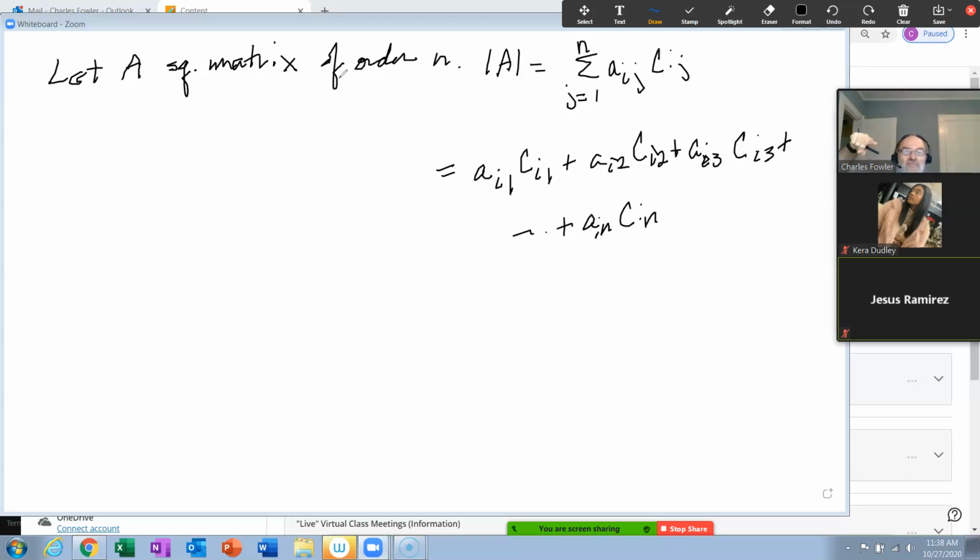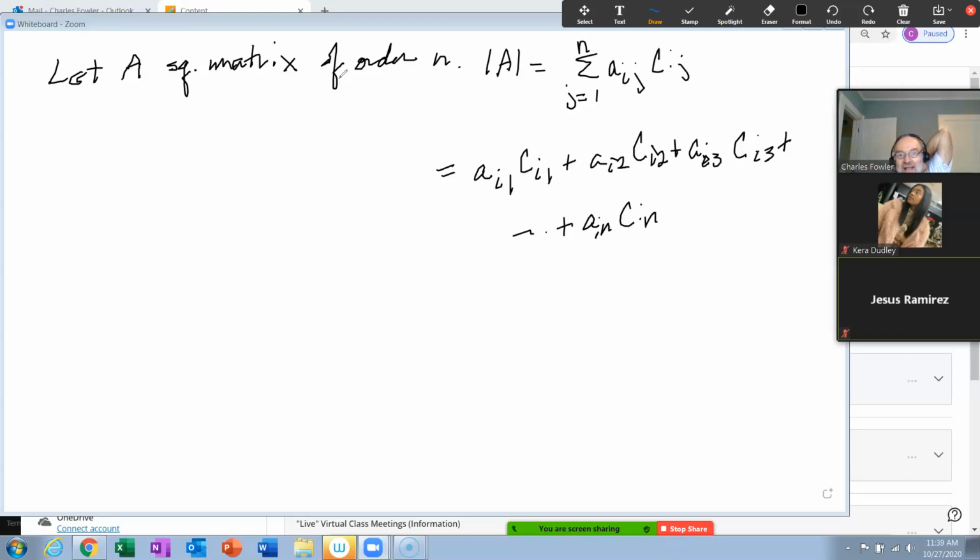If you remember what the cofactor is, say this is a_i1, wipe out the ith row and the first column, and the matrix you have left is what they call the minor.